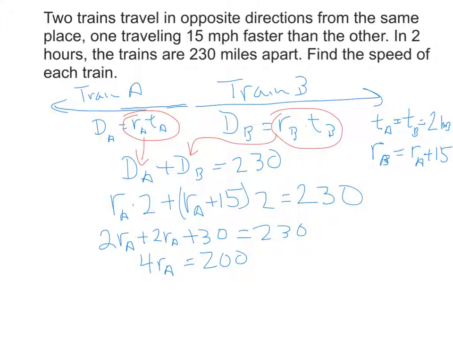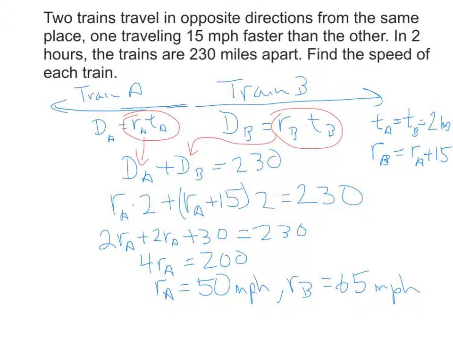Divide each side by 4, and we're going to get that R sub A equals 50 miles per hour. And of course that means R sub B, the speed of the second train, is going to be 15 miles an hour faster than that, which is 65 miles per hour. So the speeds of the two trains are 50 miles per hour and 65 miles per hour.